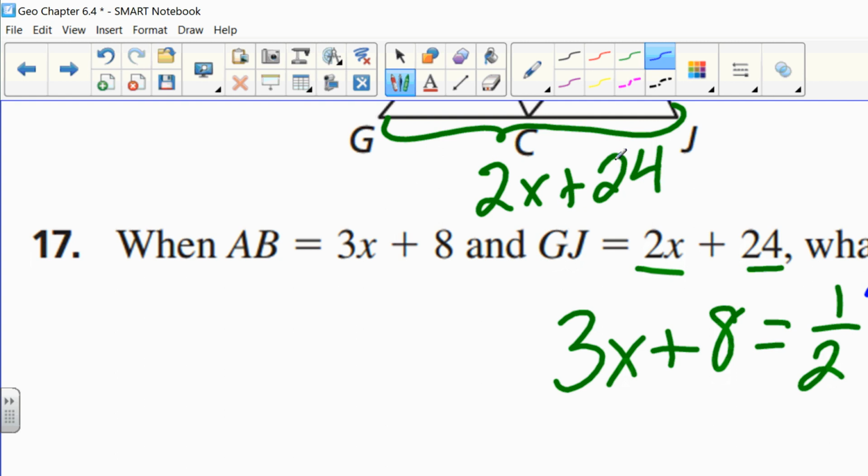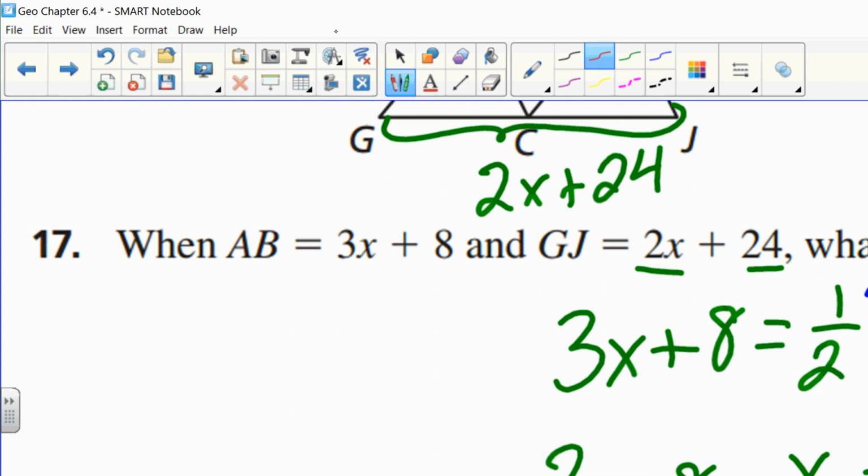We would need to distribute the 1/2. This here would still be 3x plus 8. 1/2 times 2x is 1x, because 2 times 1/2 would be 1. We're dividing by 2. 24 divided by 2 is plus 12.